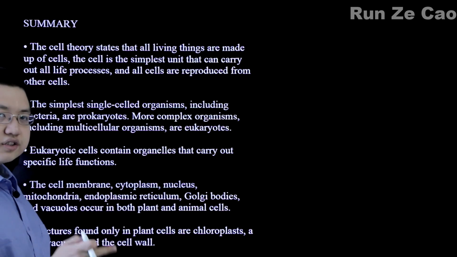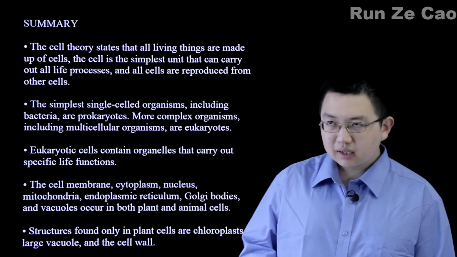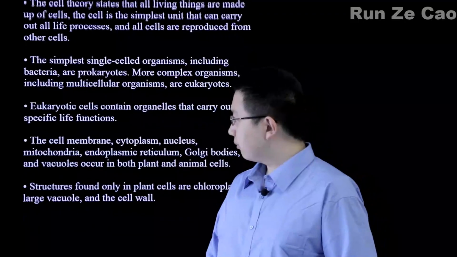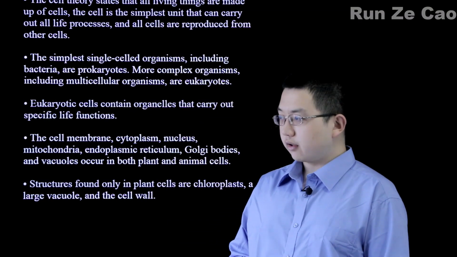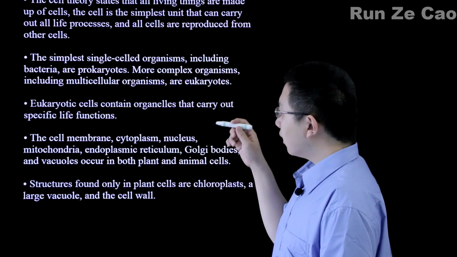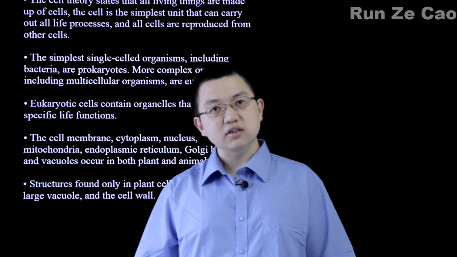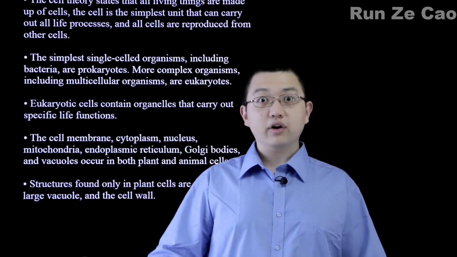Now, there are some multicellular prokaryotic forms, but for the most part, prokaryotes are single-celled organisms. And there are plenty of eukaryotes that are single-celled as well, for example, amoebas or paramecium. Eukaryotic cells contain organelles that carry out specific life functions. They're called organelles because, well, they wanted to name them little organs.